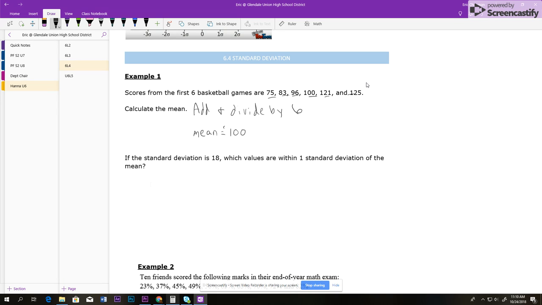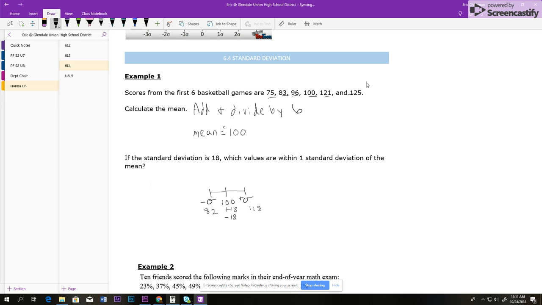If the standard deviation is 18, which values are within 1 standard deviation of the mean? Our mean is 100, and we need to know what 1 standard deviation away is. This is the plus, and this is the minus. The standard deviation is 18, so I'm going to add 18. I get 118. I'm also going to minus 18, and that gives me 82.